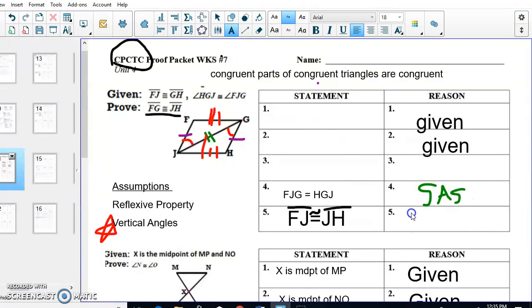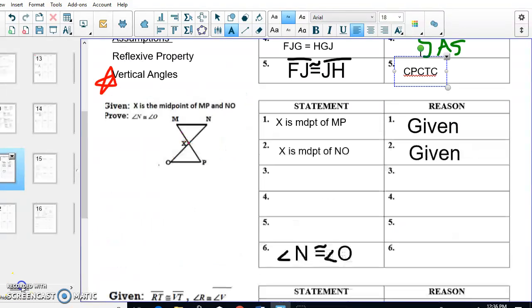Why? Because we showed that those two triangles are congruent, so we can say that any other parts of them are also congruent.